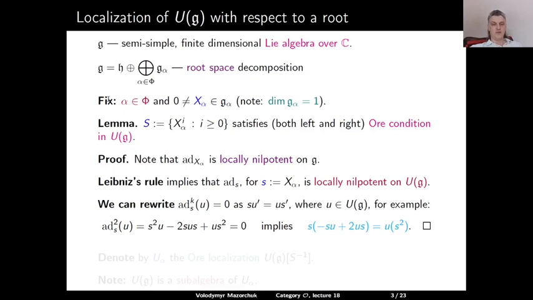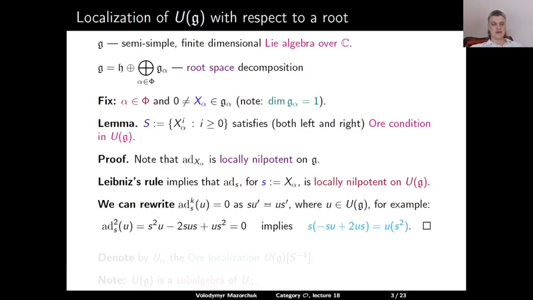So now if we move the last term to the right and take in the first term s out on the left, we get the expression s times (minus s u plus 2 u s) is equal to u times s squared, exactly as claimed.